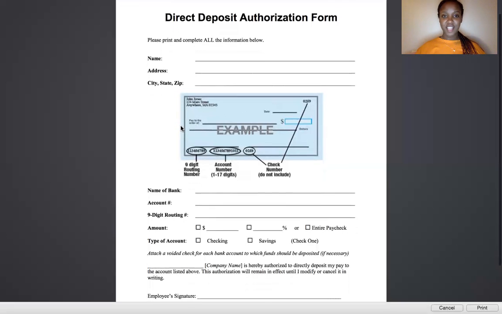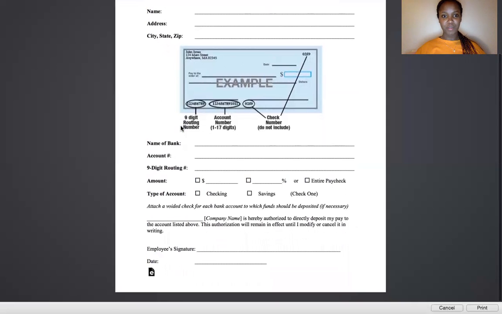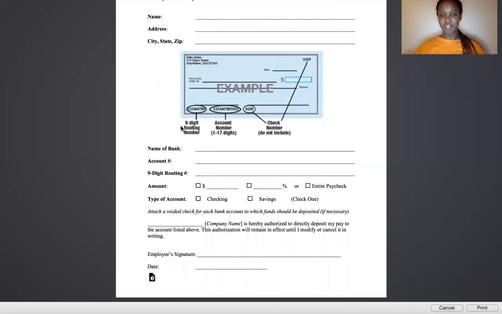So let's take a look at more information that you will need to give. So over here, this is an example of a check. So if you have checks, like a checkbook, you can find some of the information on your check.